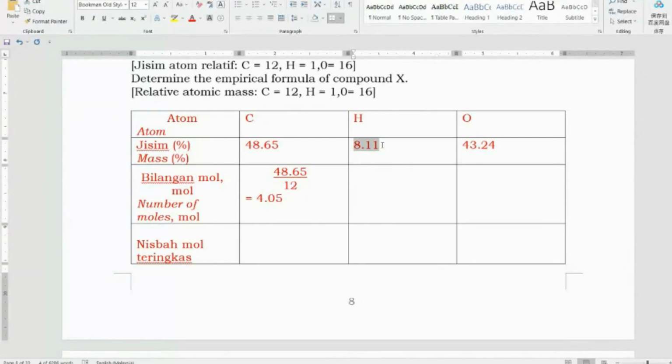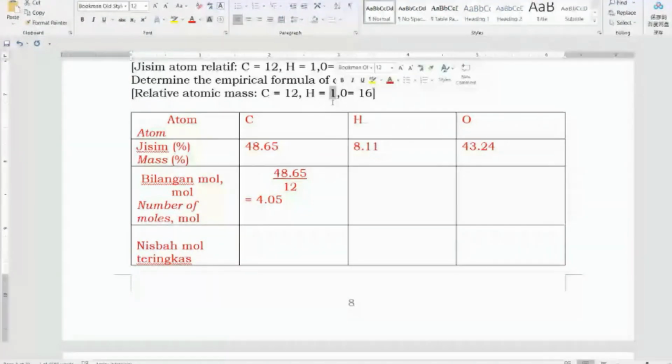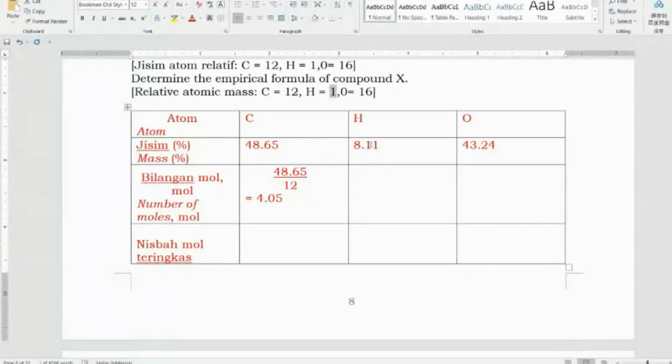Mass is 8.11, right? Molar mass, hydrogen is 1. So divide by 1. So what is your answer? 8.11. Okay, 8.11.